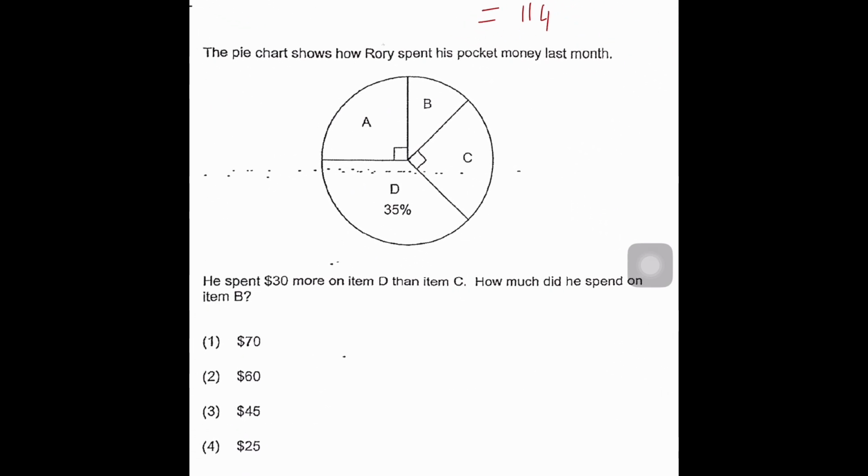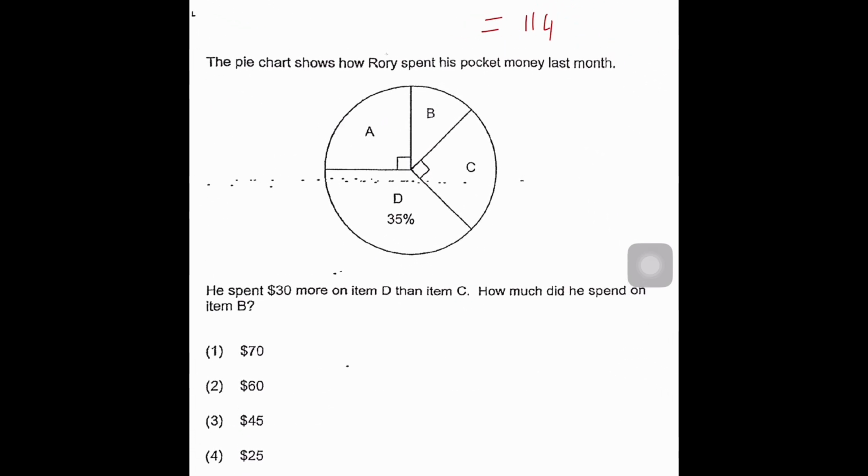Next question. The pie chart shows how Rory spent his pocket money last month. He spent $30 more on item D than item C. First, you know that D is 35% of this circle. In a circle, the total angle is 360 degrees. You can see that C is 90 degrees and A is 90 degrees. So what is the percentage of 90 degrees in a circle?